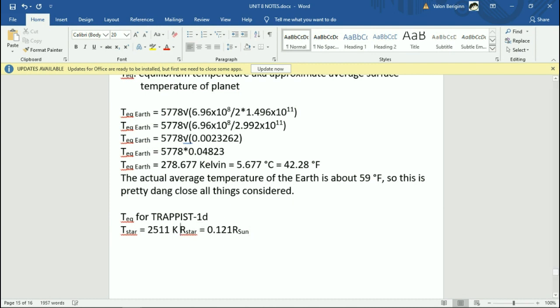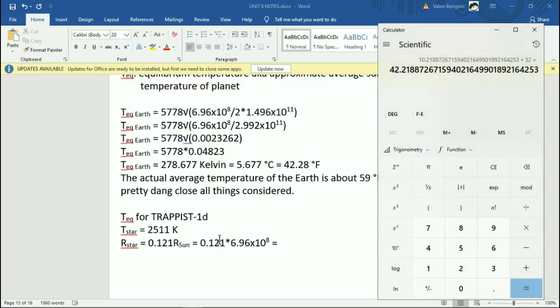So we have to multiply this out. In other words, it's 0.121 times this radius. So let's find what that is: 0.121 times 6.96 times 10^8.